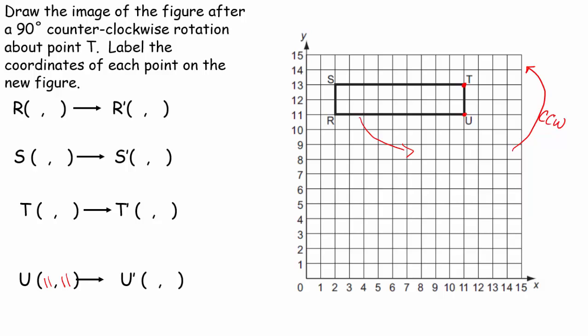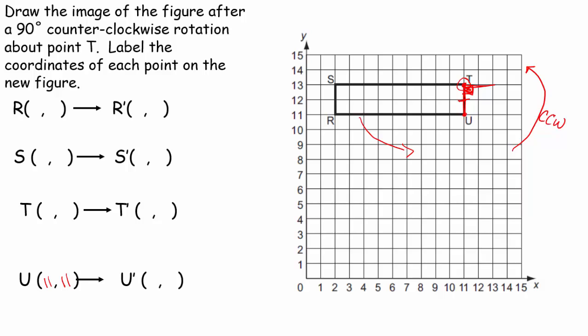Now I need to make a 90-degree angle with my vertex, which is T. So if I take U and I draw my line to T, here's my original, I know I need to make a 90-degree angle with vertex T. And that's what I just drew in, that 90-degree angle.